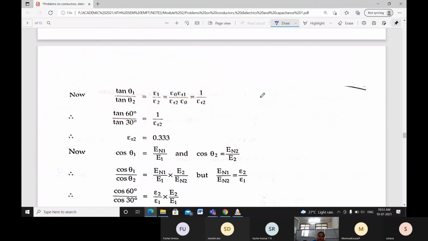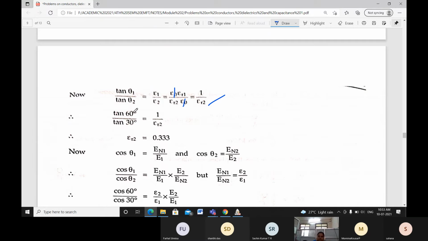Then go on substituting this. D tan 1 divided by D tan 2 is epsilon 1 divided by epsilon 2, that is epsilon 0 times epsilon R1 divided by epsilon R2 into epsilon 0. It is going to cancel. Then epsilon R1 is 1 divided by epsilon R2. We don't know that part. It's air, so when air is given, in your mind it should come that the epsilon R value is 1.